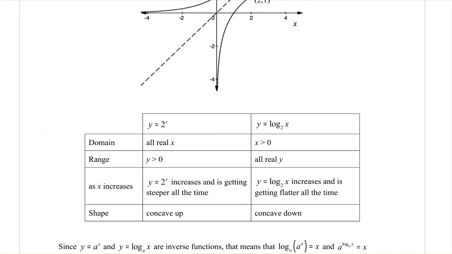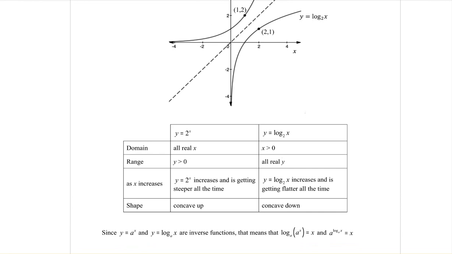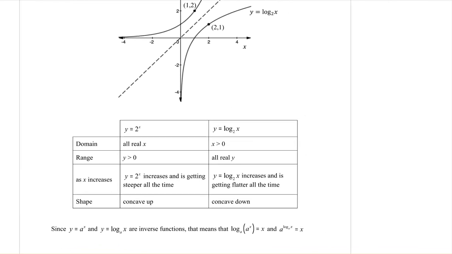Okay, so what do we know about those graphs? For y equals 2 to the power of x, our exponential graph, our domain is all real x. You can have any x value you like. Our range though, our curve is always above, or at least for this one, it is all above the x-axis, which means that our range, our y, is always greater than 0.